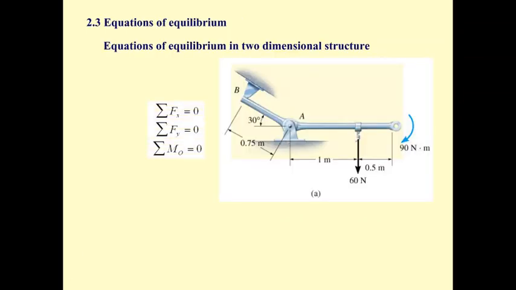By the second law of motion, when we apply it to a two-dimensional structure as shown in this picture, with the application of the 60 Newton force and the 90 Newton meter moment, if this structure is going to be in equilibrium, or in statics, the summation of the force in the x direction must be zero.